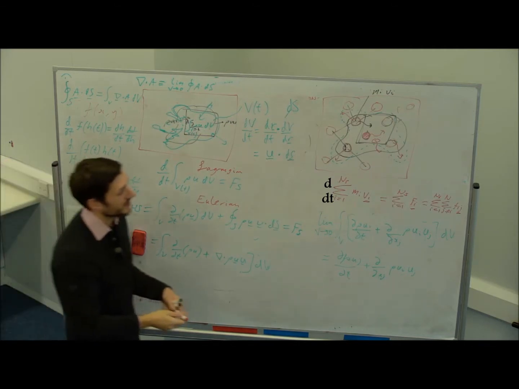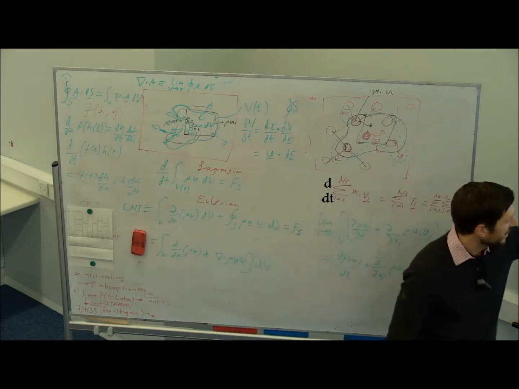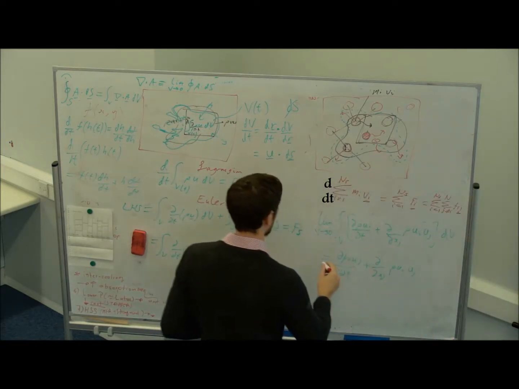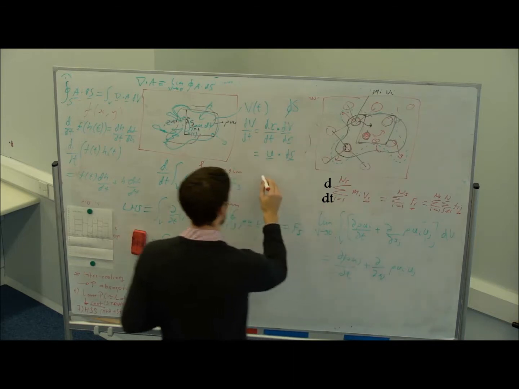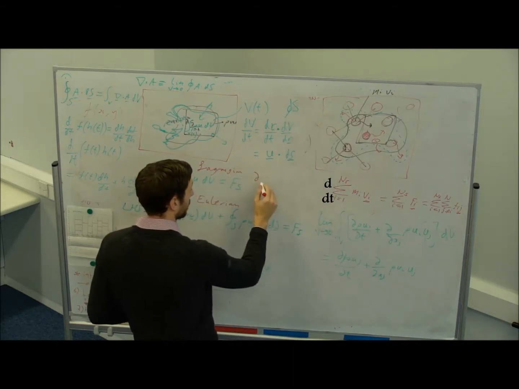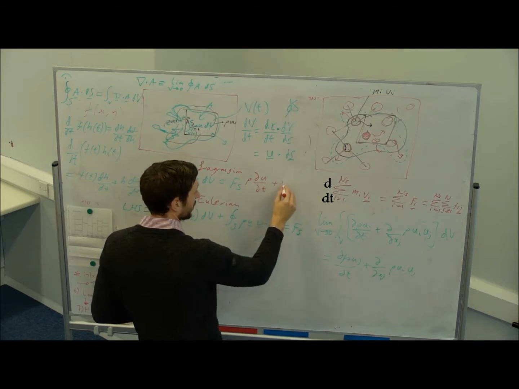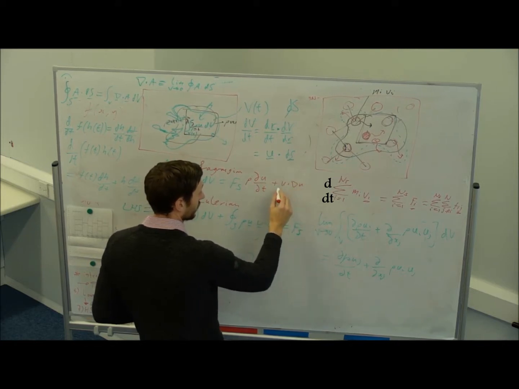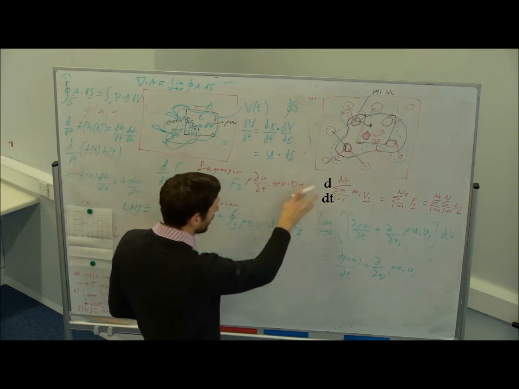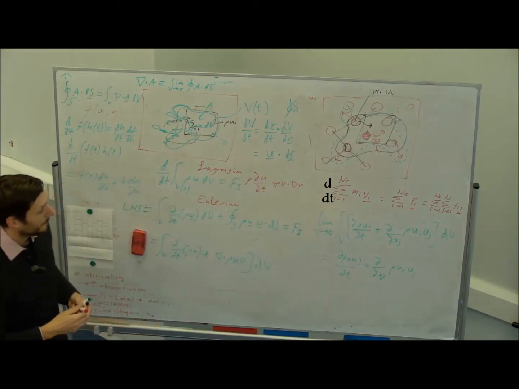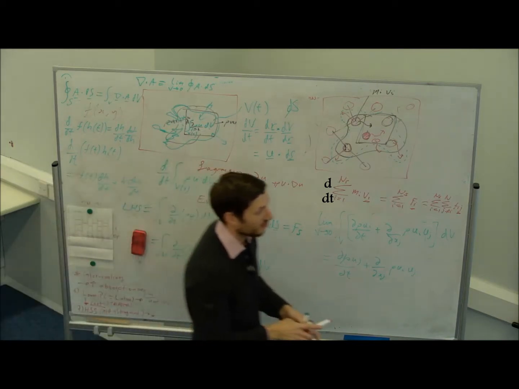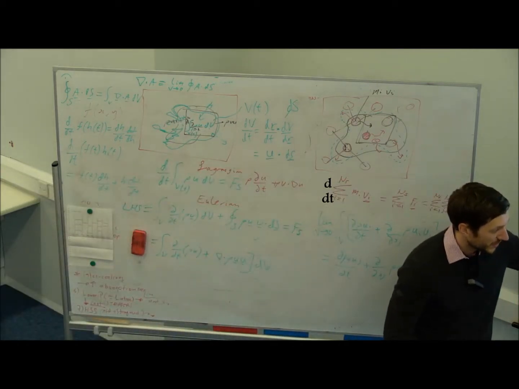You can re-express this in the form we've seen. If you remember, the actual form we see in the equations of motion is rho (du/dt plus u dot del u), and then we divide both sides by u. You can show this by using the chain rule on these various terms and then assuming incompressibility.